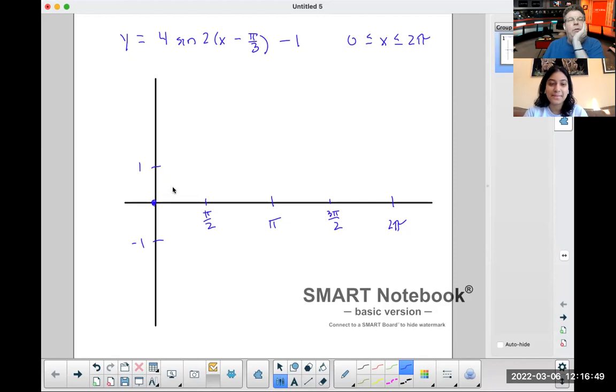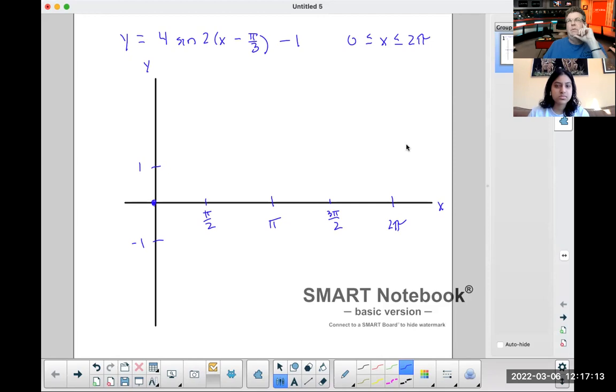Okay, but for what values of x does the minimum and maximum occur? At 0 degrees, x is 1.